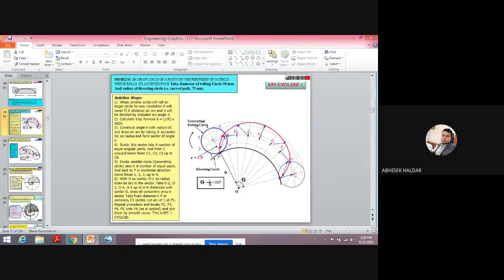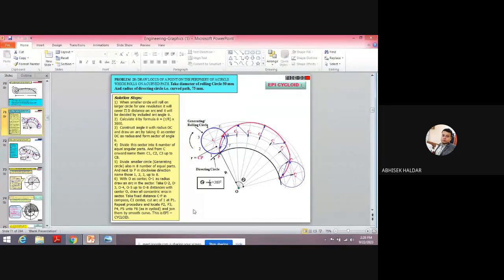If I trace it, let me show you once. For example, this blue circle is the rolling circle or the generating circle, and this black one, whatever you are observing, some part has been drawn, that is your directing circle. There is a larger circle.